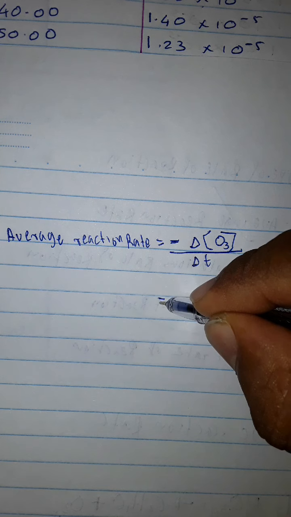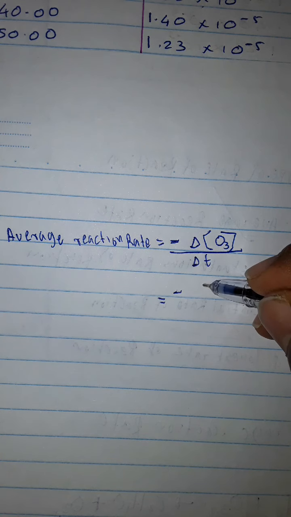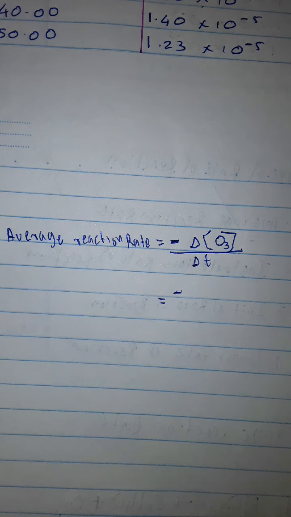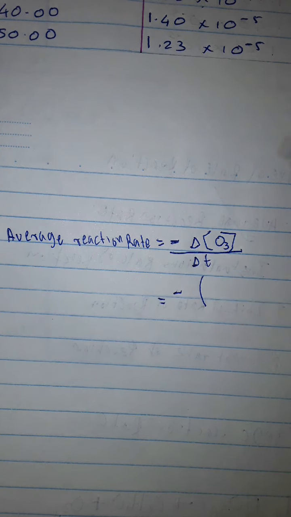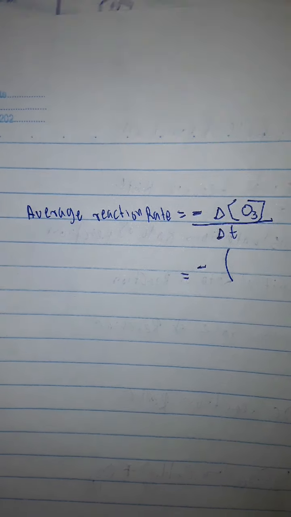So for that we have to take minus, final ozone concentration minus initial ozone concentration. What is the final ozone concentration?